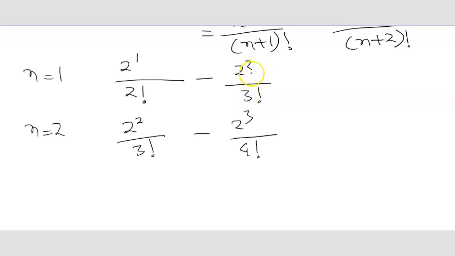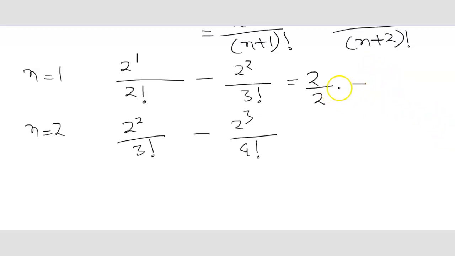So what can you say about this? The 2 by 2 factorial is simply 1, minus 2 square by 3 factorial, which means 4 by 6, that is 2 by 3, right? So what will be the result? 1 by 3.